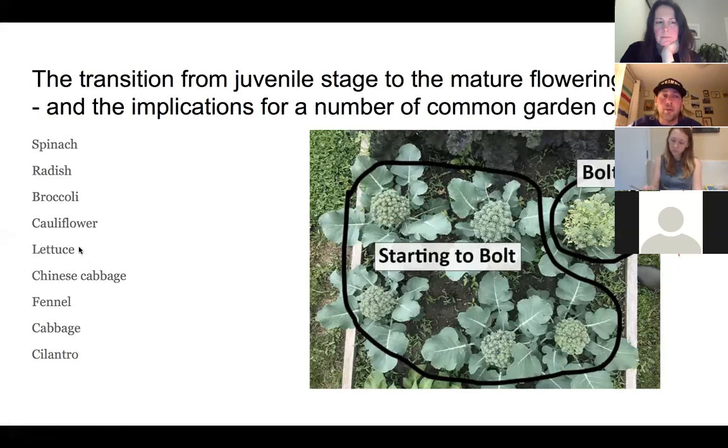Another example that I would mention is lettuce. When lettuce is in the juvenile stage and it's trending vegetatively, its leaves are splayed out in a vase pattern. It's open, and then when it starts to trend generative towards its flowering stage, you'll see it starting to close up and get really dense, kind of going into a football shape before all of a sudden it starts to produce flowers.